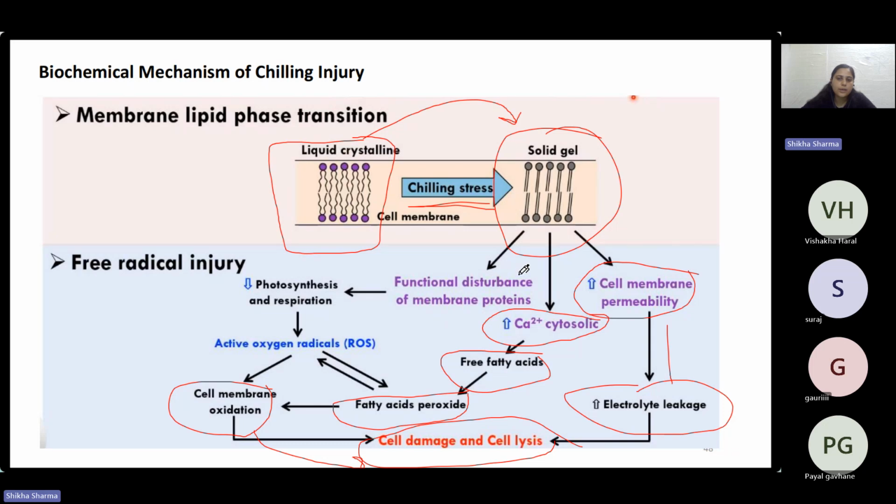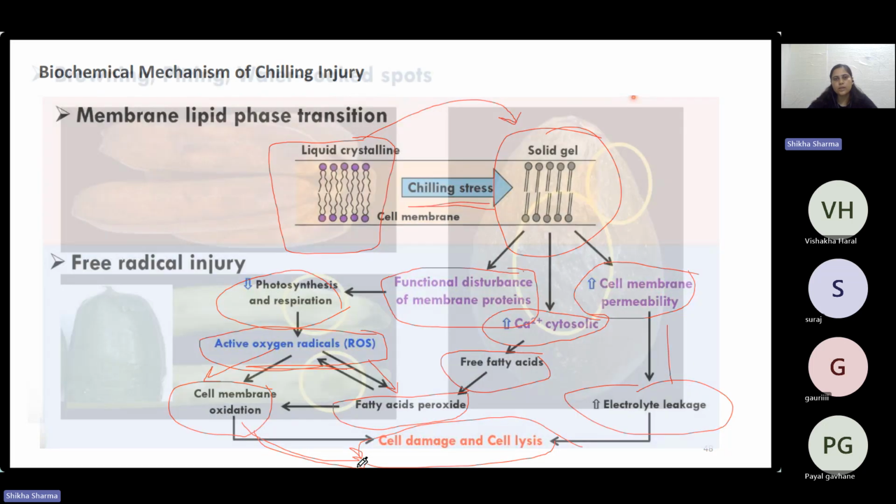And the third mechanism is that because of the solid gel formation in the cell membrane, functional disturbance of the cell membrane proteins will be there, and there will be low photosynthesis and respiration, and reactive oxygen species will form. Because of the reactive oxygen species, fatty acids will undergo peroxidation, or the cell membrane can directly undergo oxidation, and finally there will be lysis of the cell.